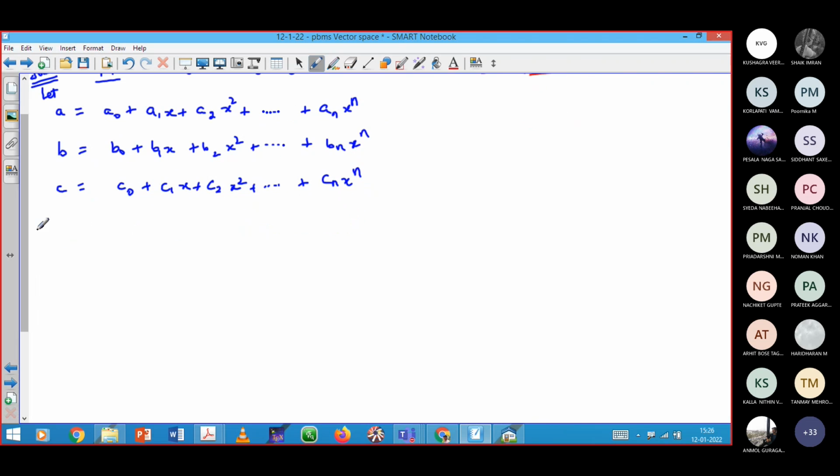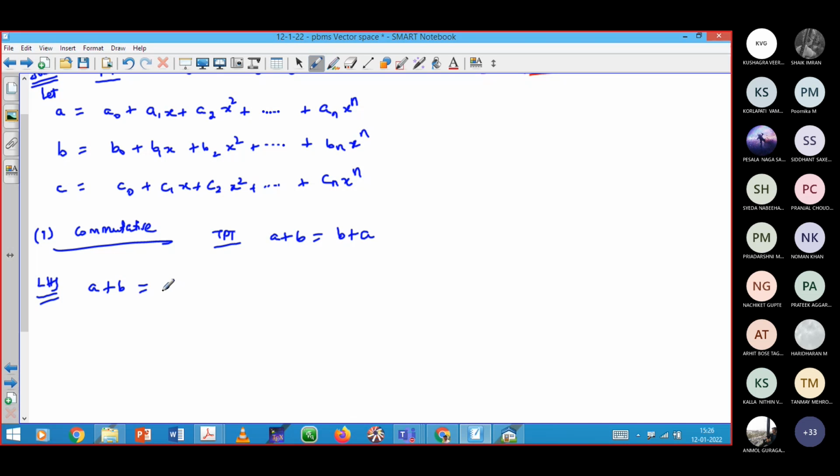After this, I can start checking the commutative property. To prove that A plus B equal to B plus A, first I can write the terms. LHS equal to A plus B. Many of you may have already predicted how it can be proven easily.